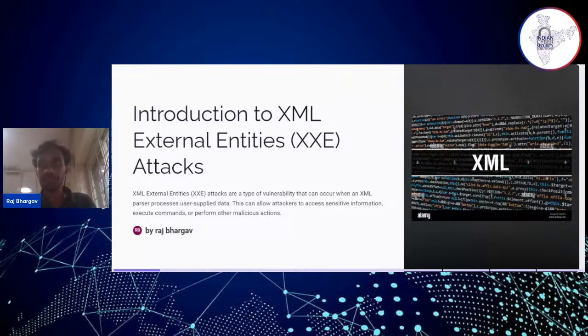Let's see what XML entities are. XML entities are a way of representing an item within an XML document instead of using the data itself. Various entities are built into the specification of the XML language.